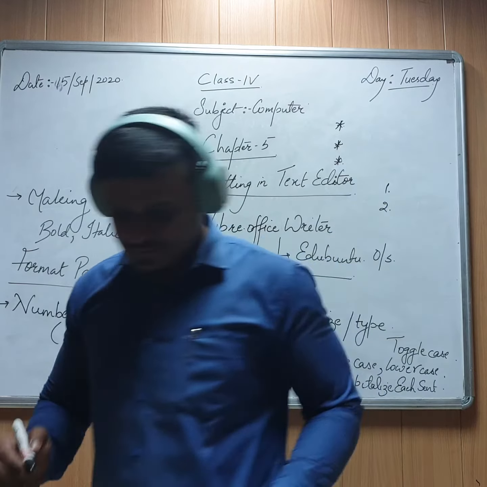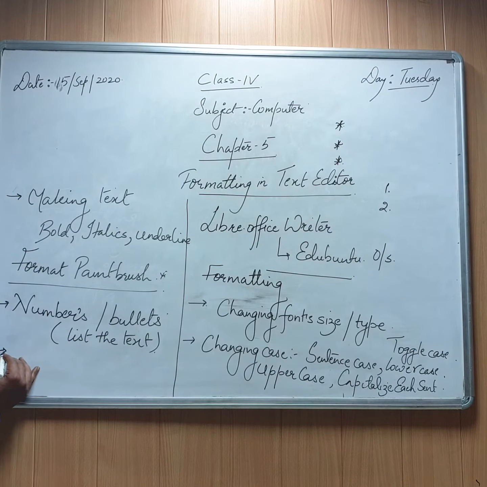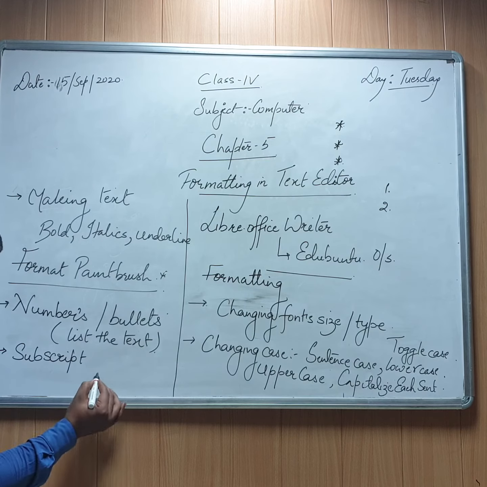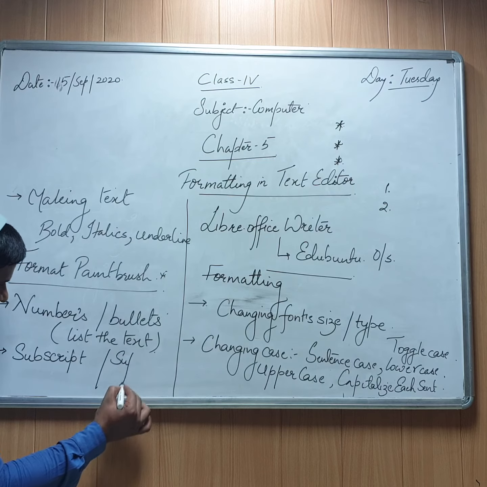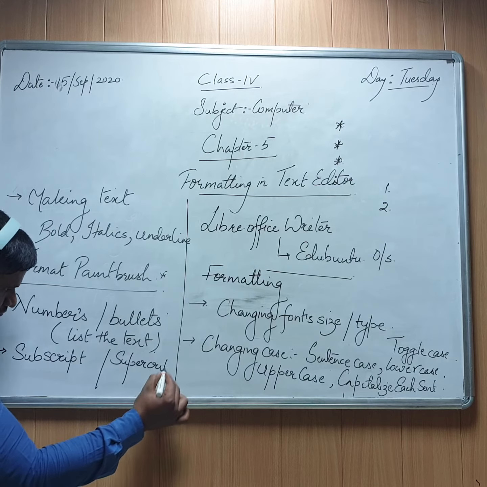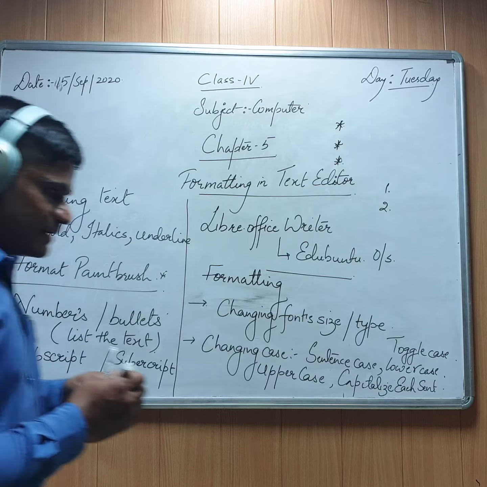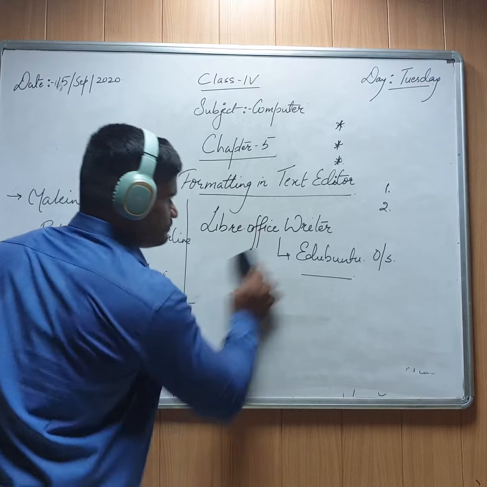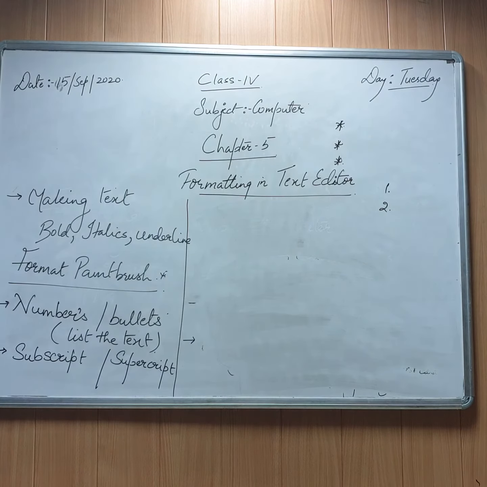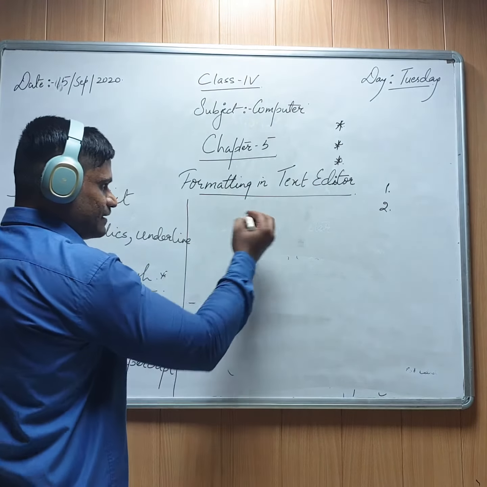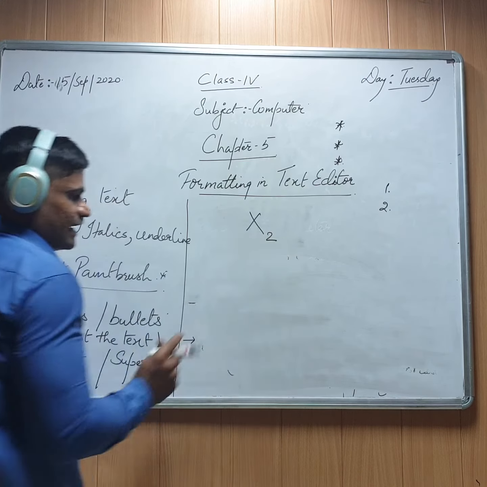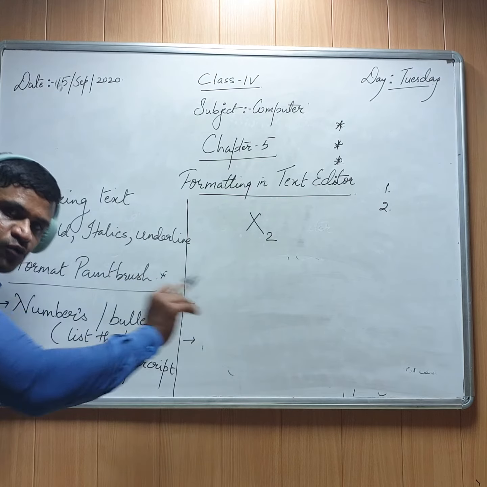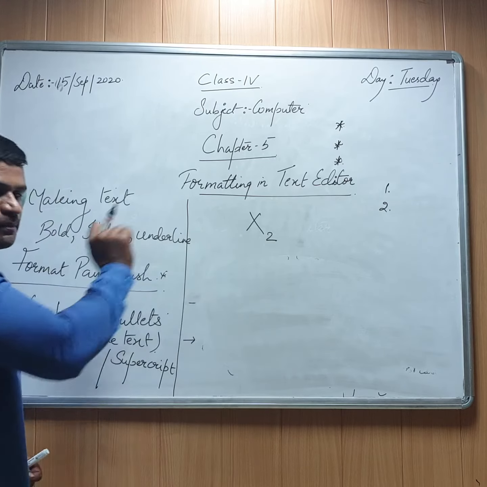We will have the next topic as subscript and superscript. Now what are these subscript and superscript? I'll just give an example. You have seen sometimes like this X2, where one text is written and the other text is written a little bit downwards, a little bit in the bottom part.